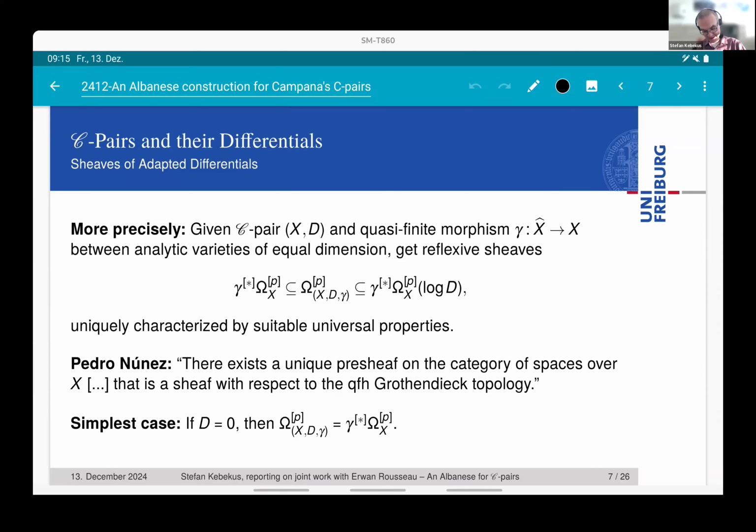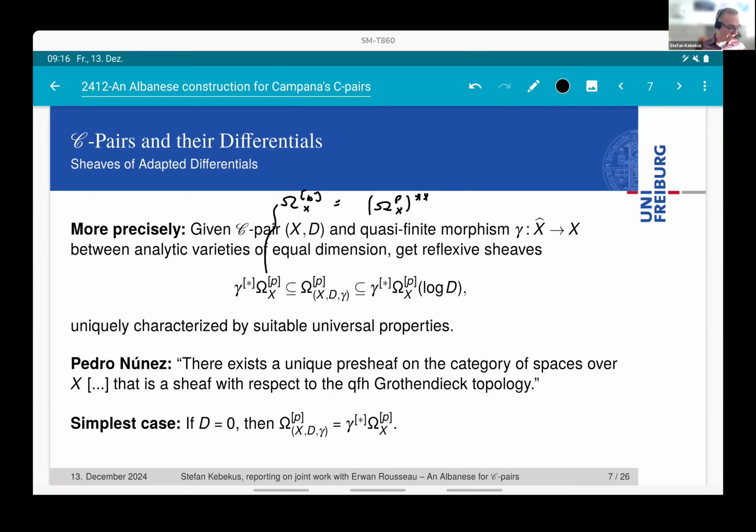So this is the sheaf here: Omega^p is the sheaf of Kähler differentials, Omega^p_X, and then the double dual. An analogous construction gives you a reflexive hull of the sheaves of differentials, and these are uniquely characterized by universal properties. If you want to formulate the universal properties precisely, then your best bet is to ask Pedro, who has written a PhD thesis about this.